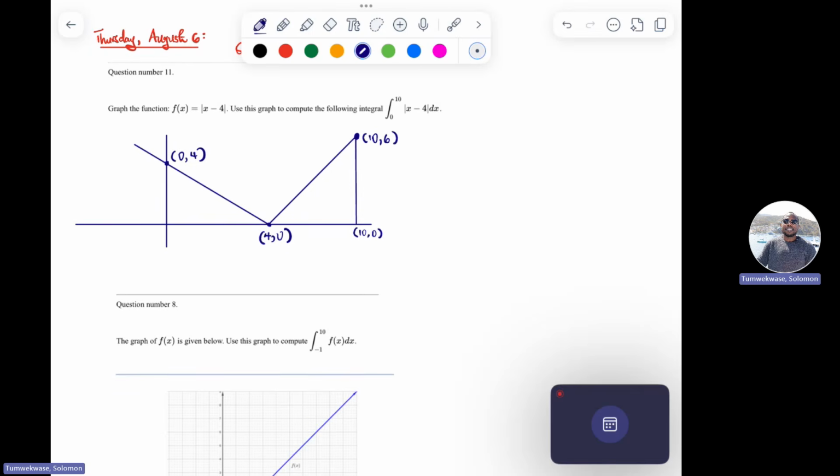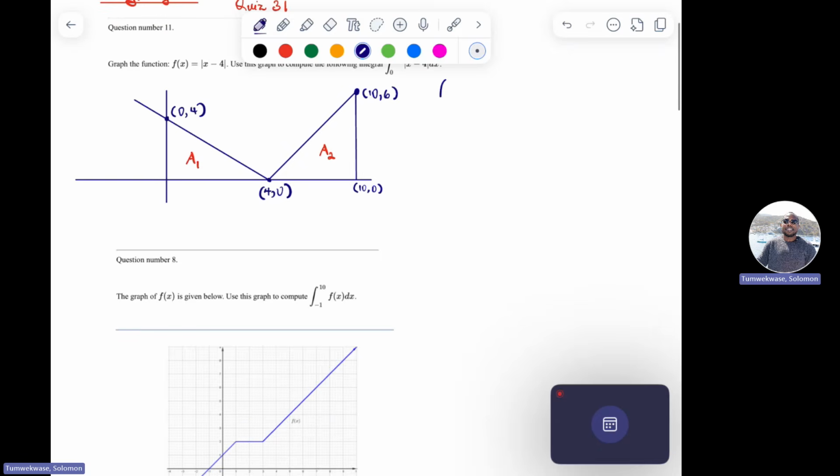So computing the integral from 0 to 10 of this function is the same as computing the area under this graph. It has two parts, so I have the first area and the second area.